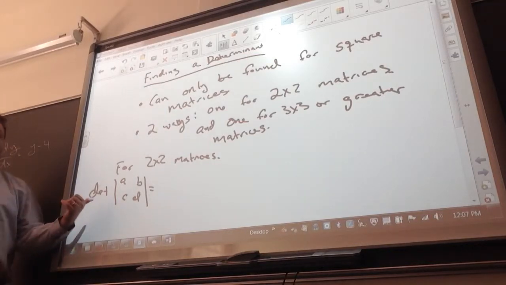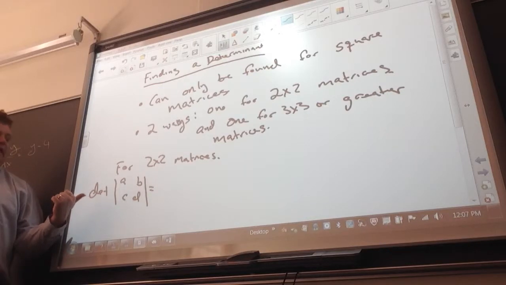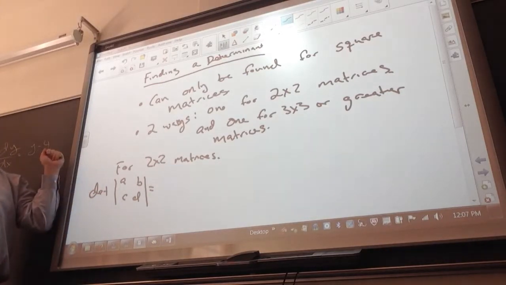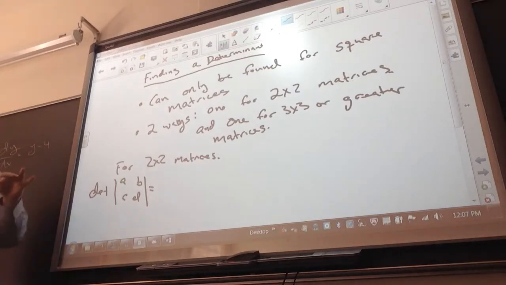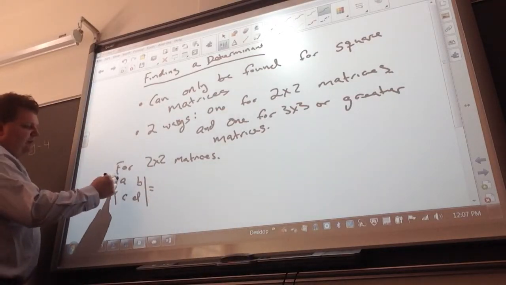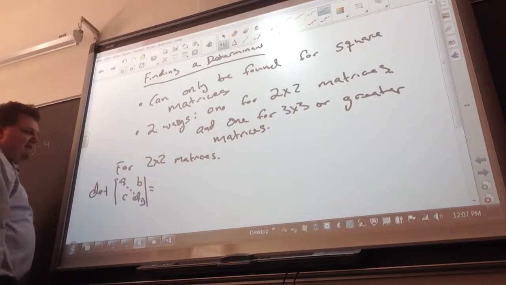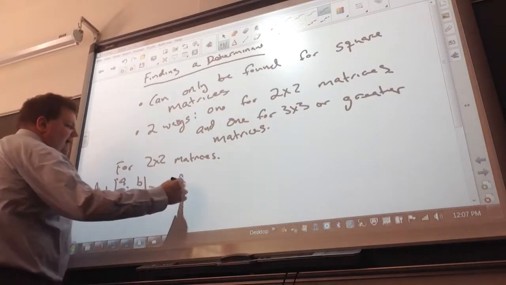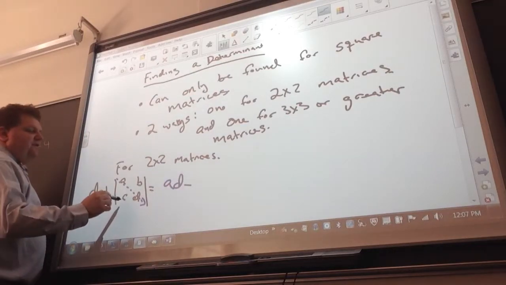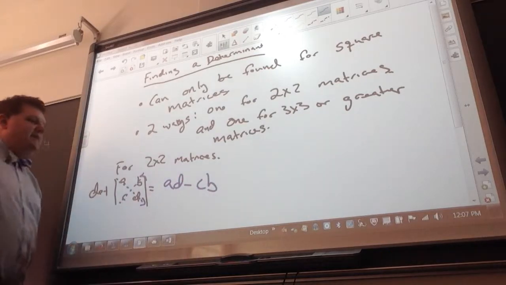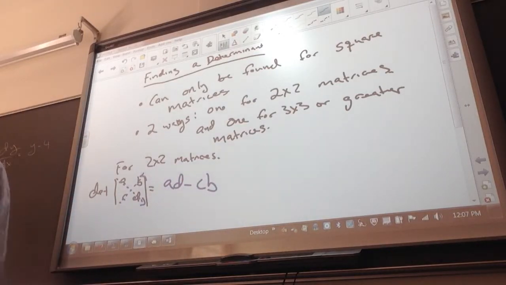How this works, everybody, is that finding the determinant basically involves multiplying diagonals together. So I'm going to multiply A times D, that diagonal, and subtract from it the other diagonal, C times B. And that result is going to be my determinant.